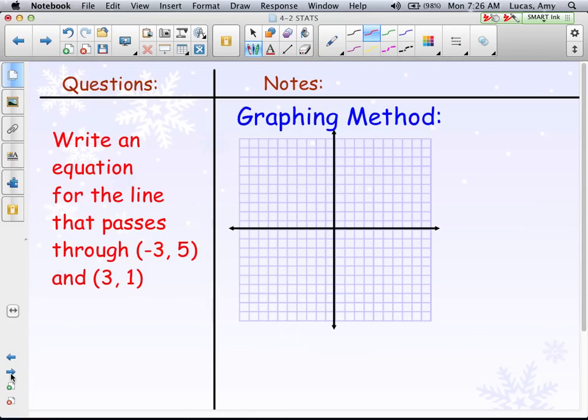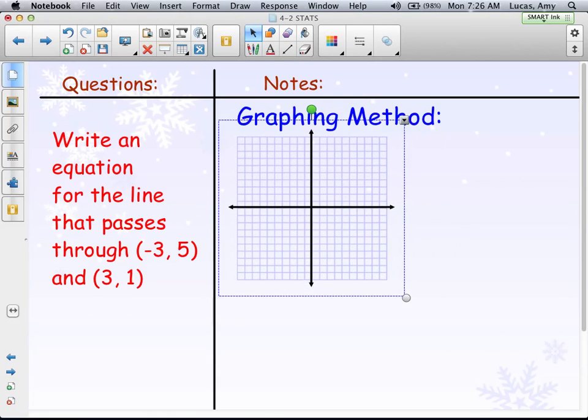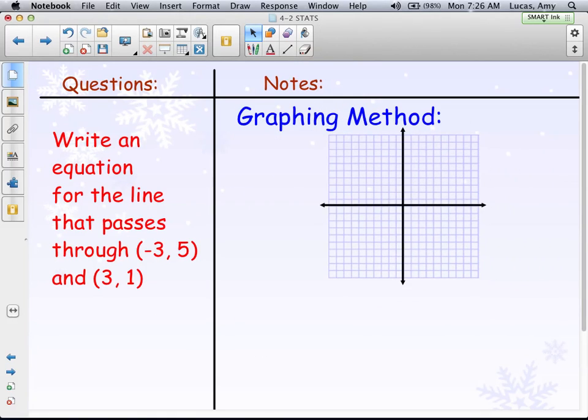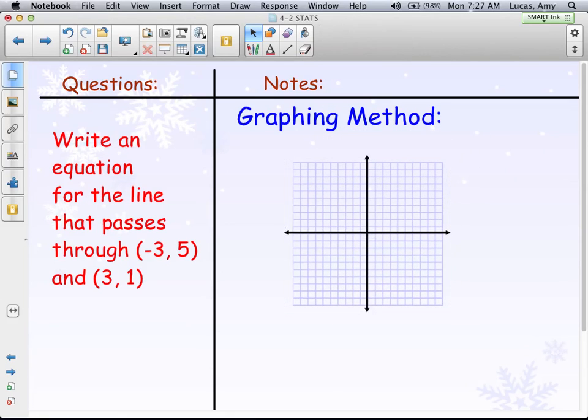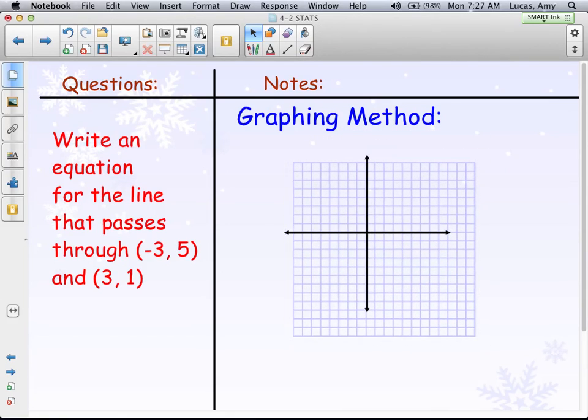Okay, write an equation for the line that passes through these 2 points. The graphing method would be one way that you could do this. So if I graph these points, -3, 5 is right here, and then 3, 1 is right here.